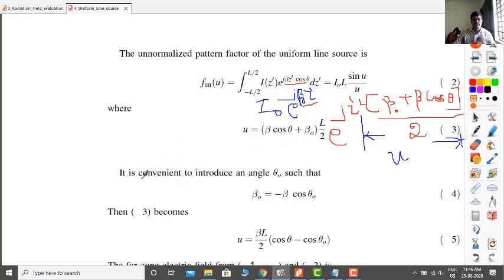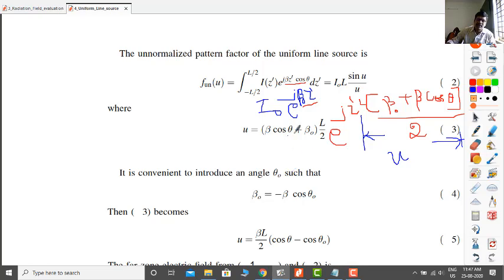Next, it is convenient to introduce an angle theta naught such that, at that direction, beta naught equals minus beta cos theta naught. If it is so, then u becomes 0, which gives us the maximum. So we have to take the direction referred to by angle theta naught at which beta 0 equals minus beta cos theta naught.